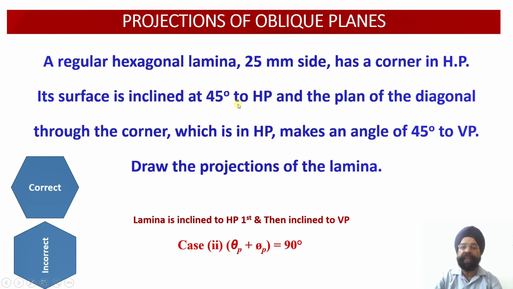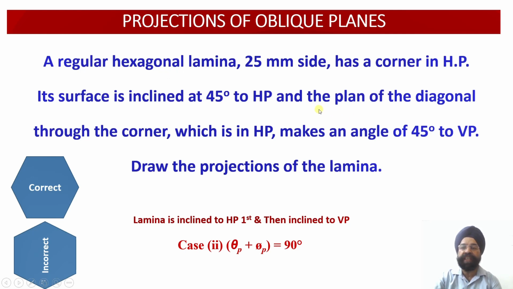And if this lamina is contained by the horizontal plane, its front view will be an edge view which will be obtained on the horizontal plane, that is onto the XY line. So the front view will be the edge view which will be drawn right on the XY line because the lamina happens to lie on the horizontal plane, whereas the top view will show the hexagonal shape, that is the true shape of the lamina in the first instance.